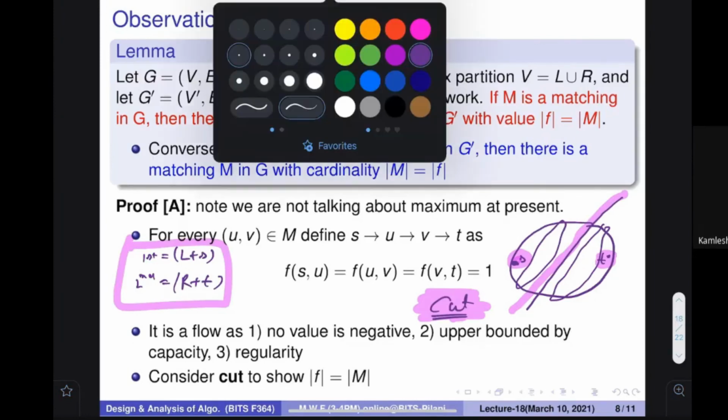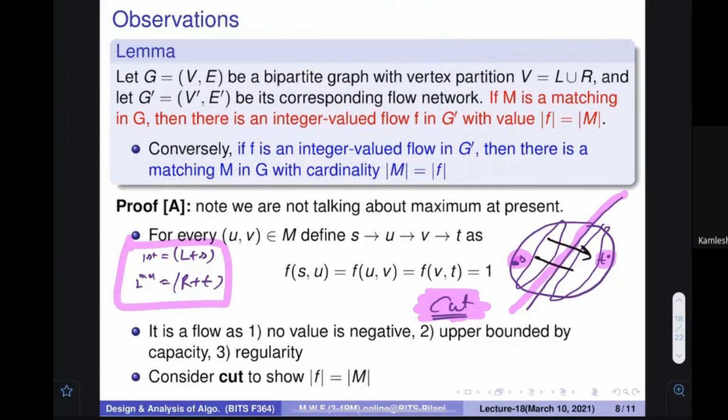Flow would only be there where there is a connection from here to here, because they are directed edges. How many such edges are there? M, because only such connections exist. So the value of F is equal to the value of M. Are you agreeing with this? So this is the proof. This is one part: if you give me a matching, I would give you a flow.